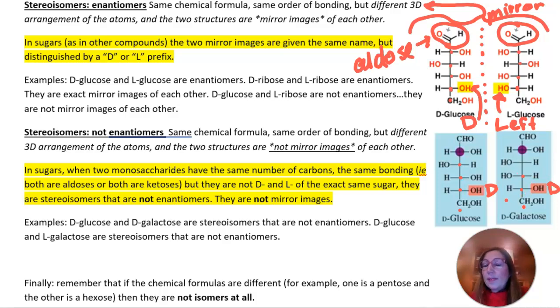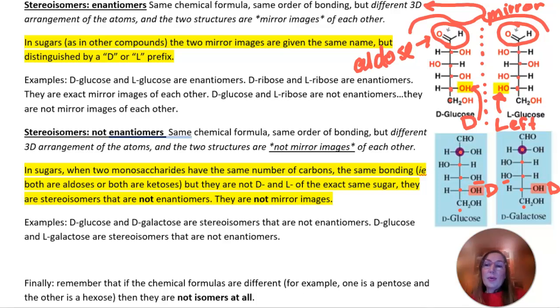So they're not mirrored. The only carbon that was sort of mirrored was that middle OH, which was on the right on D-glucose and on the left on D-galactose. But the bottom OH and the top OH that we've looked at so far, these are not mirror images. And then if we go to the next one, on D-glucose OH is on the right, and on D-galactose OH is on the right.